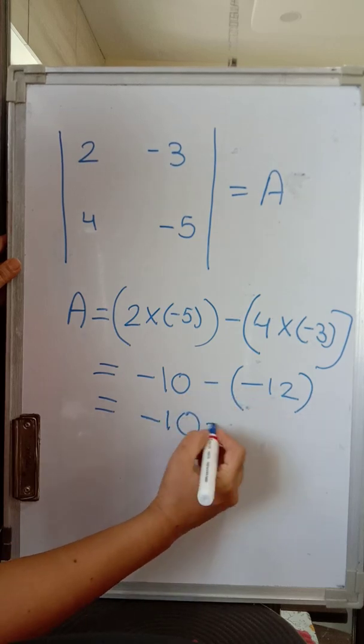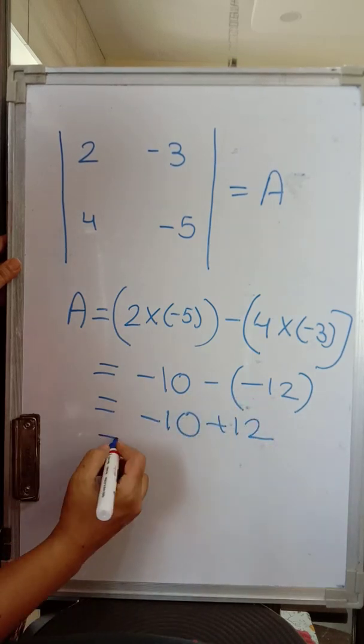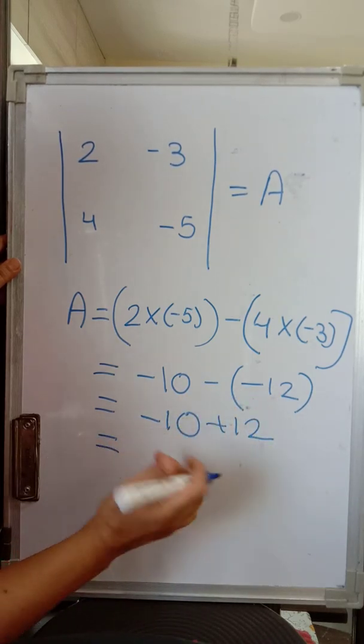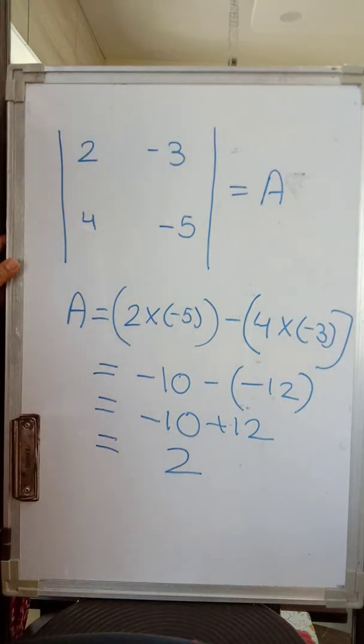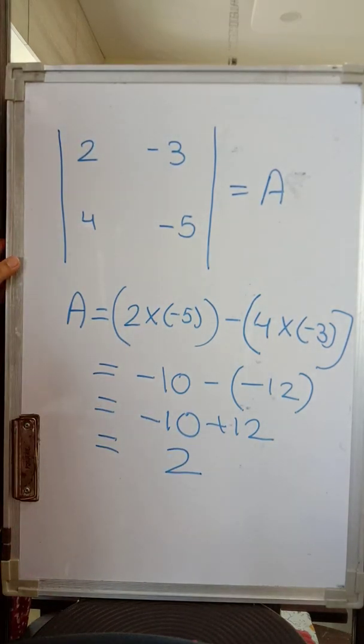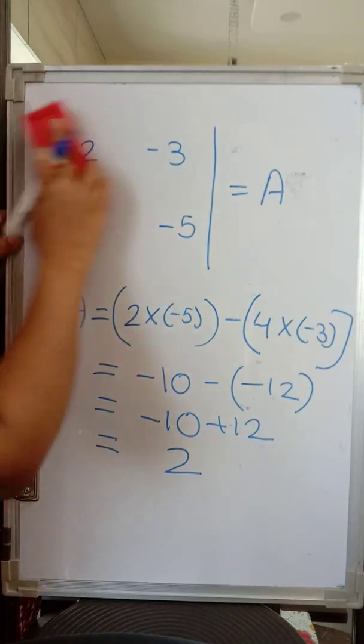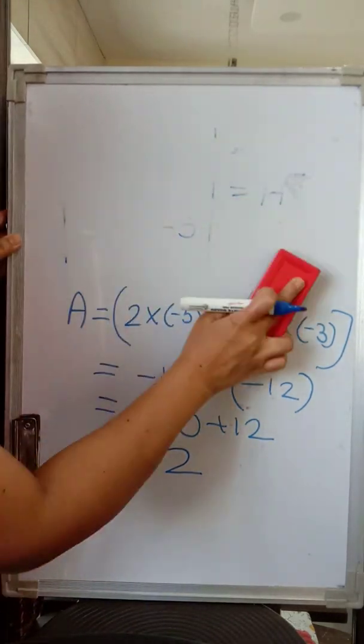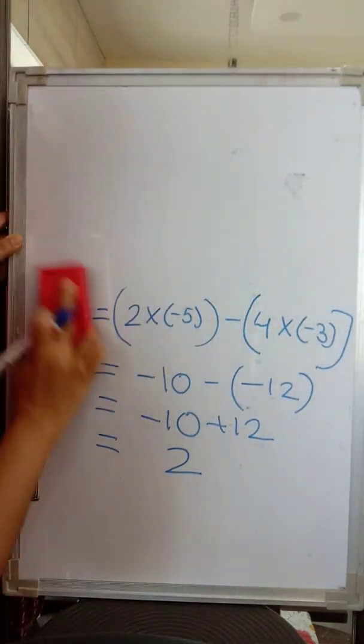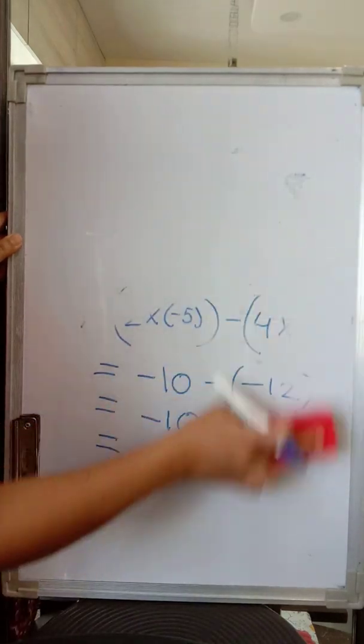Minus into minus will be plus 12. And the value of this determinant, 12 minus 10, will be 2. I hope you have understood how to find the value of a determinant. If you can find the value of a determinant, then we can go on to solve simultaneous equations by the determinant method. Just see now.